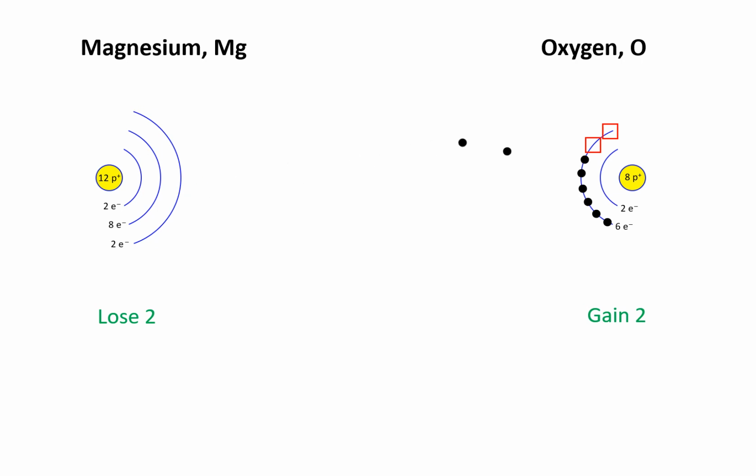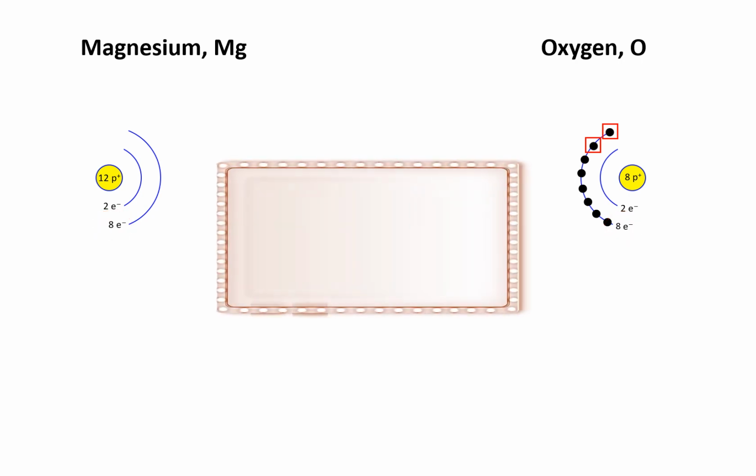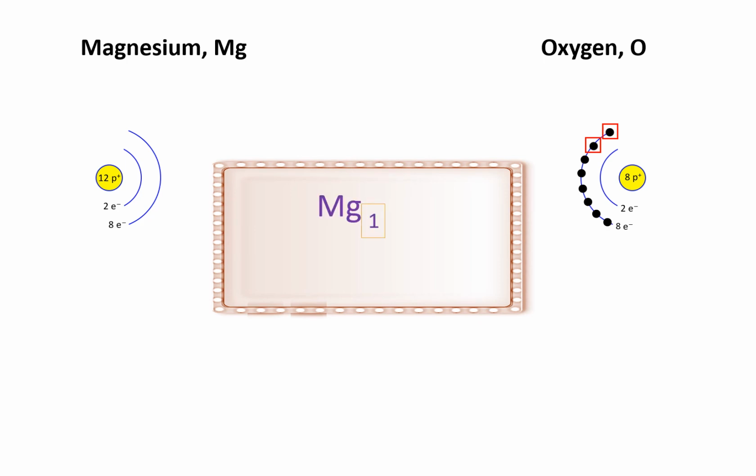With this exchange, the valence shells of both elements have become stable. The drawings represent a ratio of 1 magnesium atom to 1 oxygen atom. And the formula is MgO.